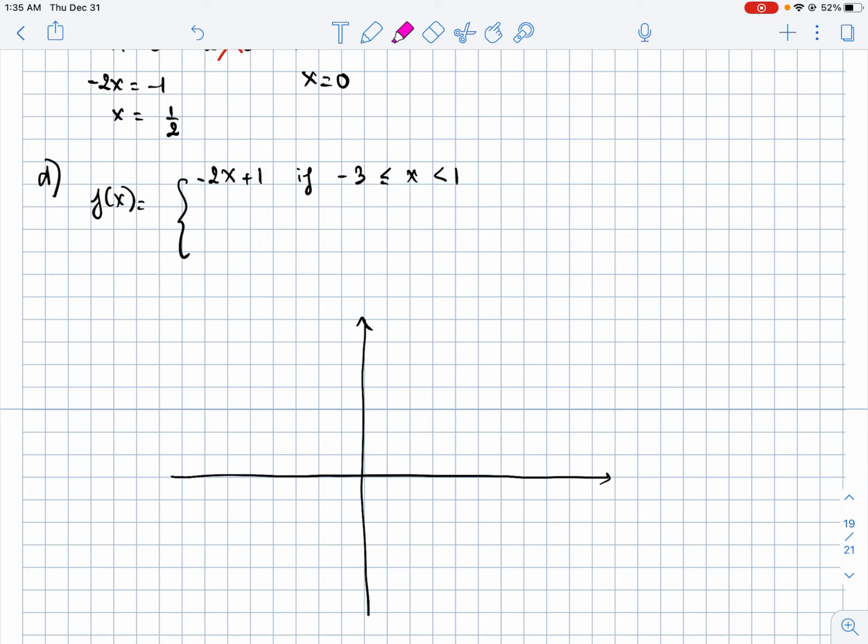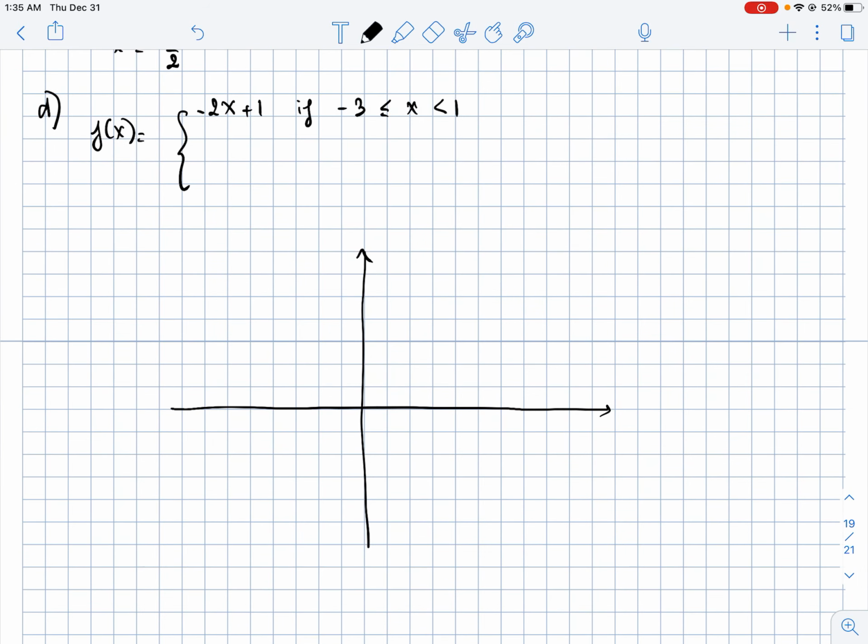You notice that for the first piece, this is a line, and we will make 2 points for the line. We'll be smart and make the x-values the endpoints. So for the table, we will make x comma f of x equals negative 2x plus 1. We will make negative 3 and 1.